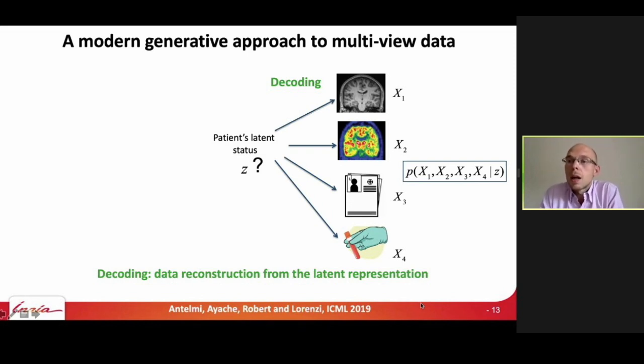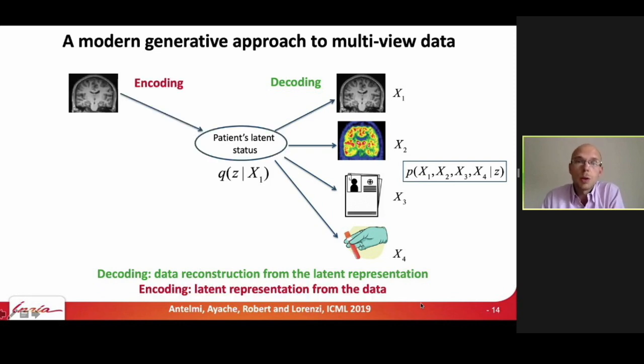And since solving this inference problem is usually very challenging and prohibitive from a computational point of view, what has been proposed is to infer an approximation of this latent representation from the data itself through an operation which is called encoding.